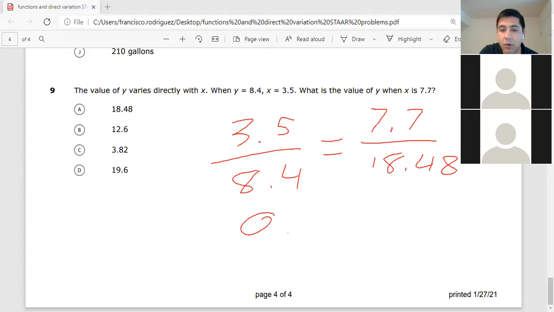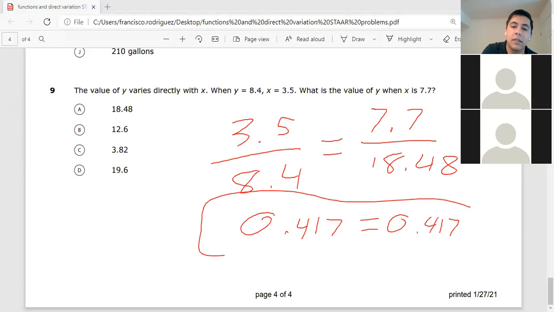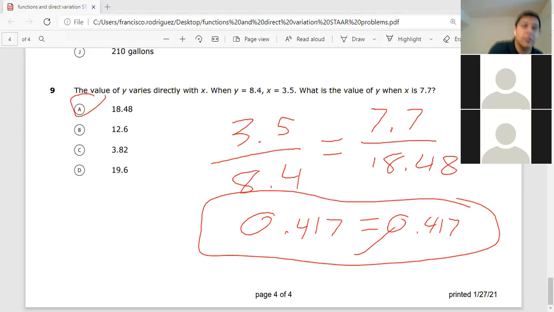That gives me 0.41. I'm just going to round to 7. Now, if I do the same thing to the other side, 7.7 divided by 18.48, then we also have the same thing, 417. And so that's just a way to check our answer, which is A. Does that make sense? A little bit.